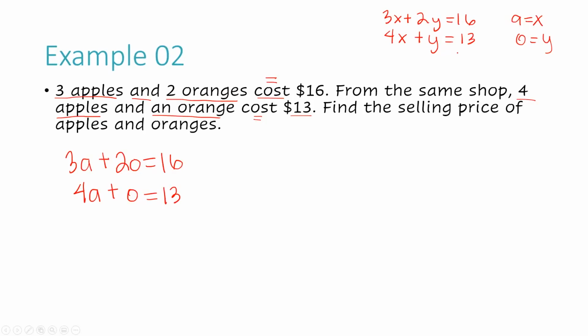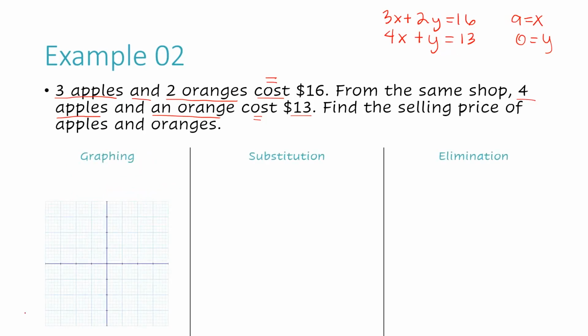Actually, 2 equations. I'm going to solve this using the graphing method, just like I did on example number 1. Equation is 3x plus 2y equals 16. Well, I have an x and a y value. I have a 0 here and a 0 here. If I plug in 0 as my x, that cancels out this portion.